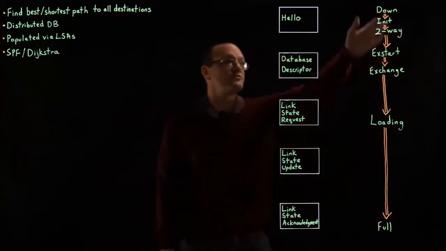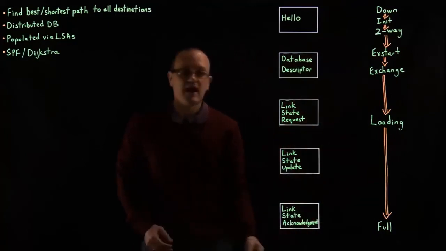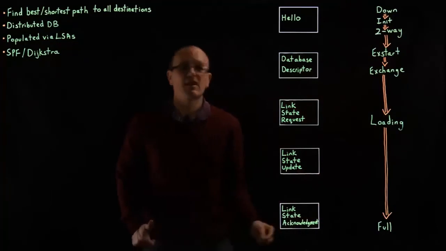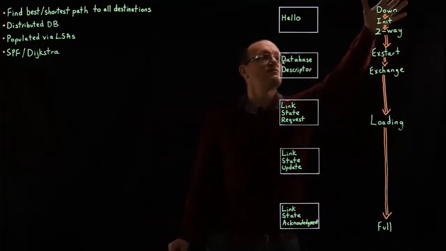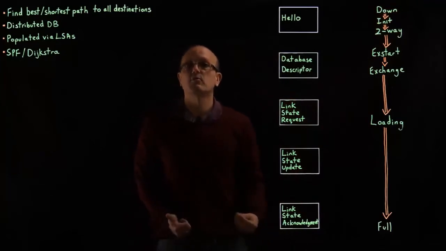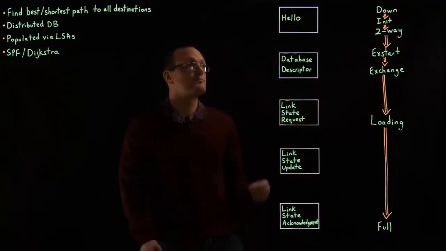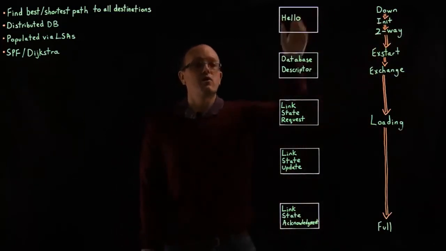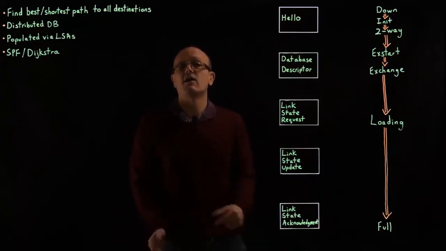And these stages loosely map to the packets that are exchanged as part of the process that we're then traversing through. And I'll talk through that in a little bit more detail now. So we start off in the down state, where we're not aware of any other neighbours on the link that we're connected to. The init state is when one hello packet has been received by a neighbour. He then sends a hello packet back.